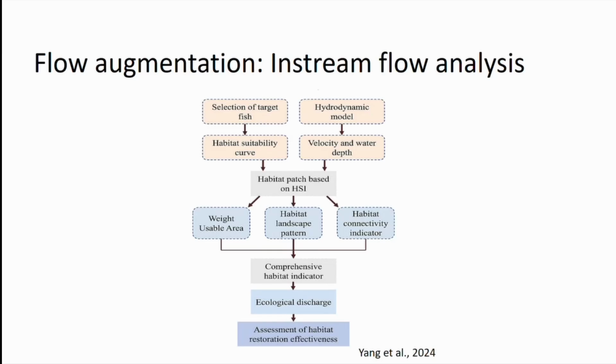What flow depth and velocity within the floodplain will be suitable for, let's say, the egg of a fish throughout when they grow to become adults. And with such information, we develop what we call the habitat suitability curves. And once we have what the fish prefer in terms of those hydraulics, then we can model our steady river or stream and calibrate the model, validate it, and generate similar velocity and depth.